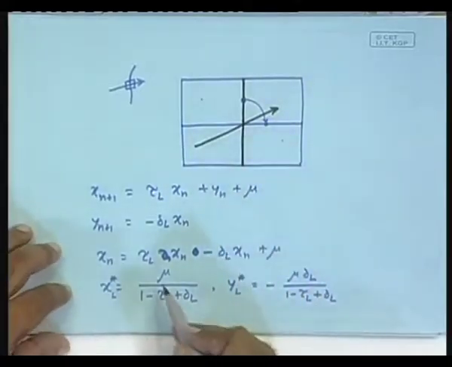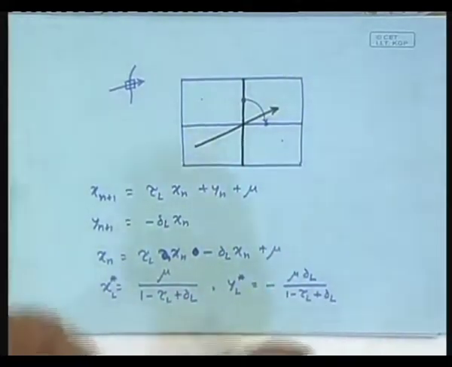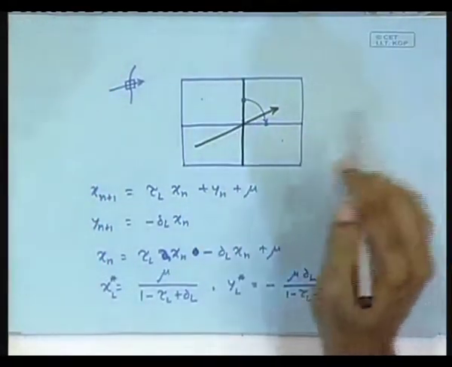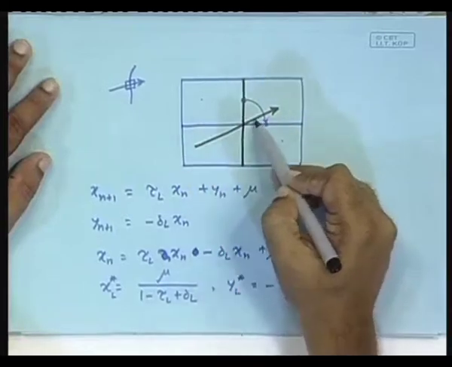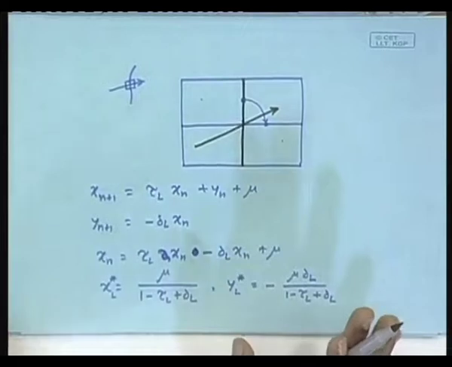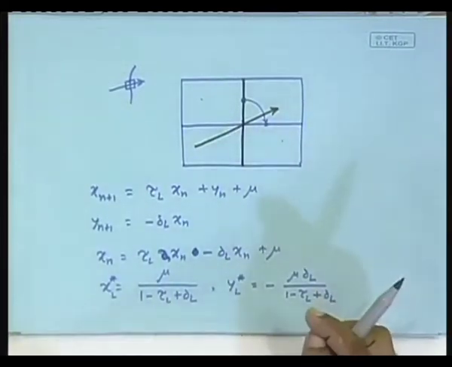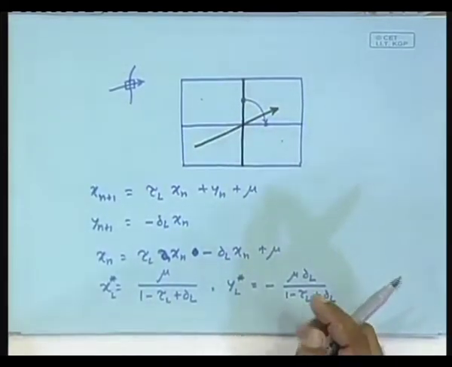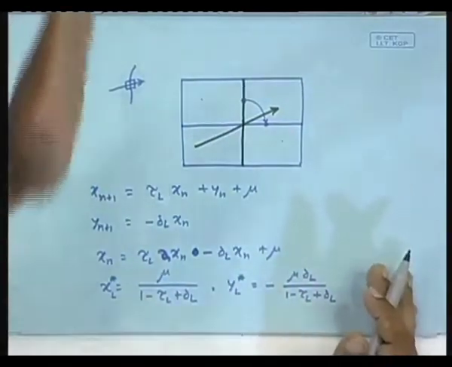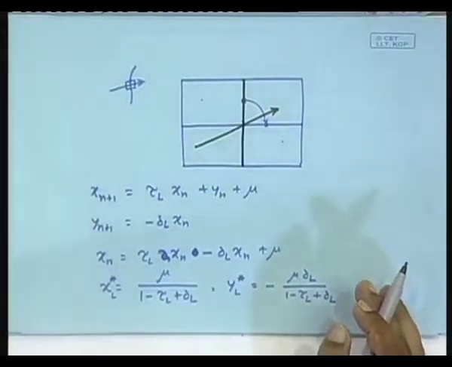I am not saying in a general sense, I am saying that mu, as related to this quantity, it will be either existing or not existing. So, always you cannot say that a fixed point comes and hits the border, but always you can say that the border collision happens at mu equal to 0. Clear? That is definitely correct, because mu 0 means this value is 0. The fixed point is on the border, means it has hit the border.